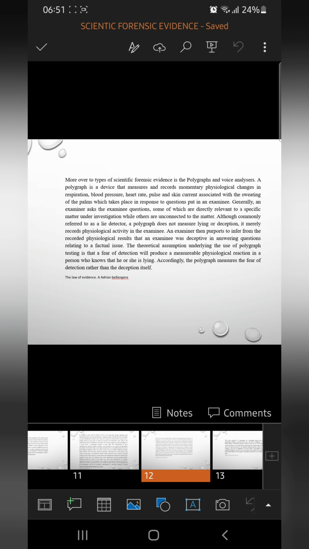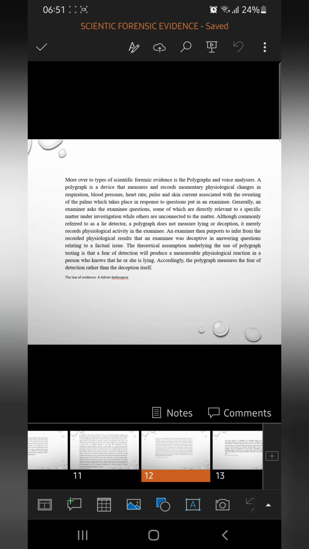Generally, an examiner asks the examinee questions, some of which are directly relevant to a specific matter under investigation, while others are unrelated to the matter. Although commonly referred to as a lie detector, a polygraph does not measure lying or deception. It merely records physiological activity in the examinee.